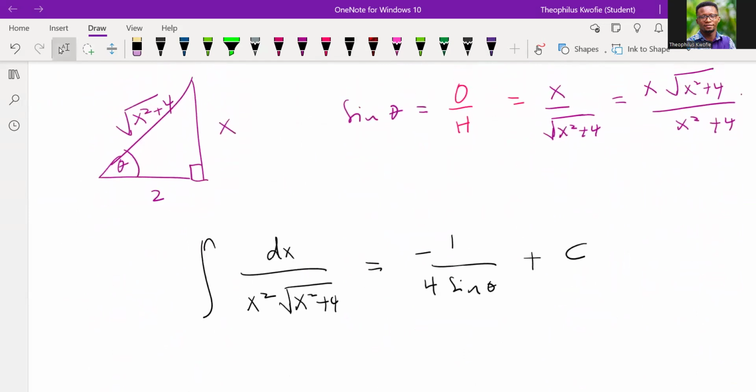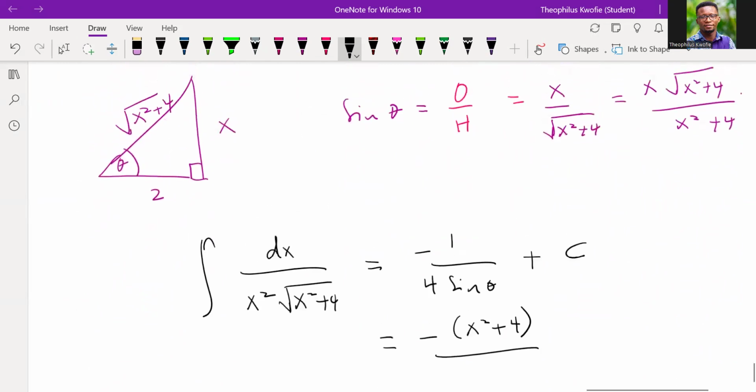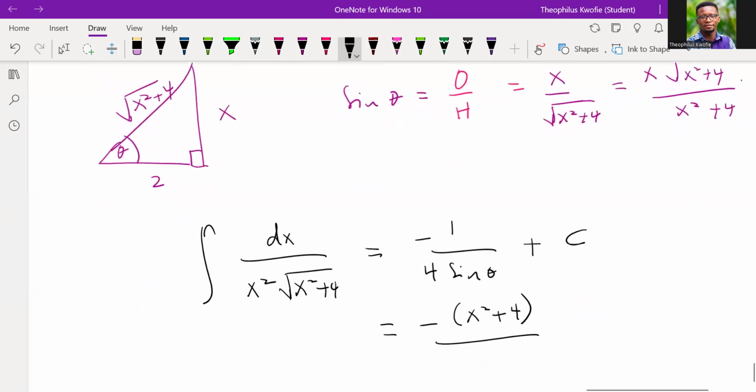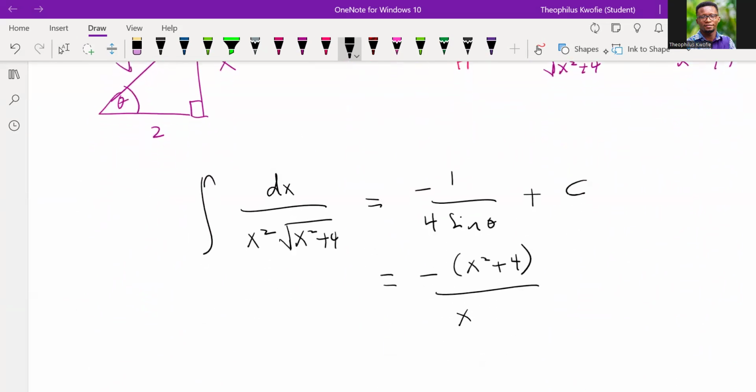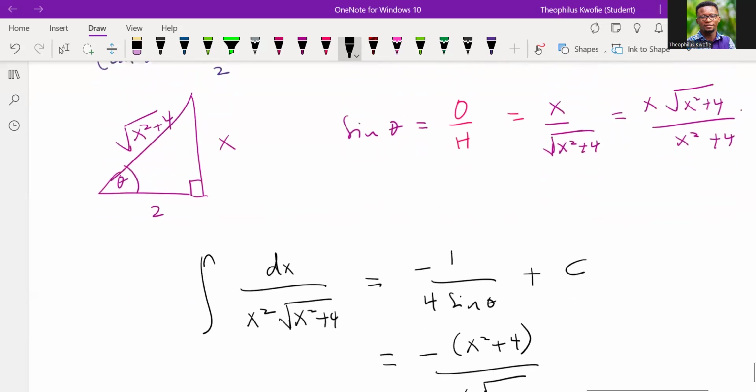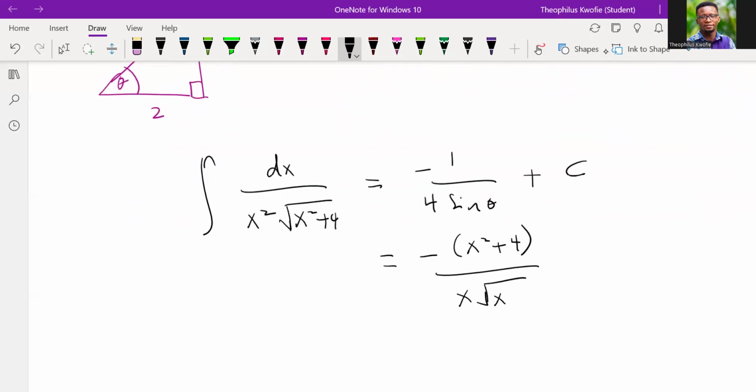But then the sine is giving us this. Now we have to do some nice reciprocation. By reciprocating it, we're going to have x squared plus 4 over x root of x squared plus 4, plus some c.